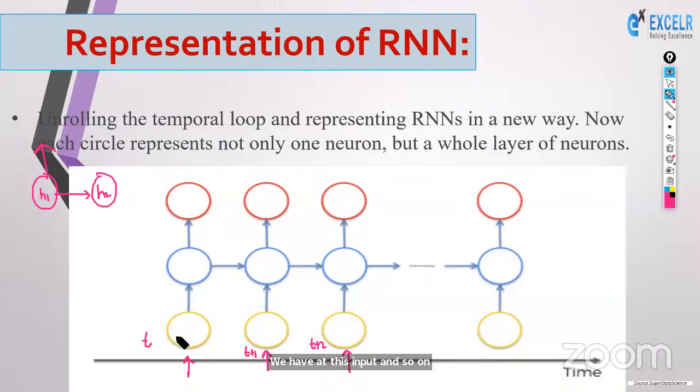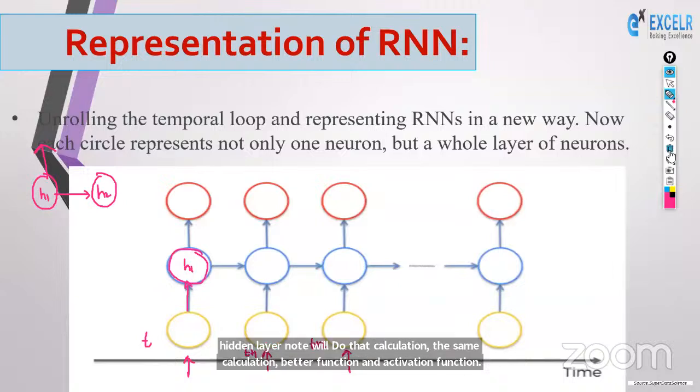So at the time t, when there are no previous nodes available, this is the input for an input layer, and this input is being fed to this hidden layer node. Let's say this is the node H1. This hidden layer node will do the same calculation, adder function and activation function.